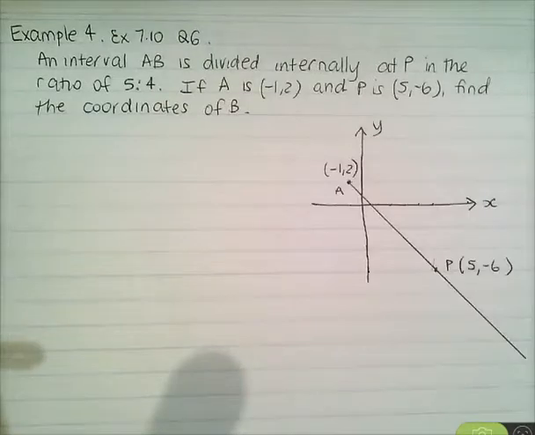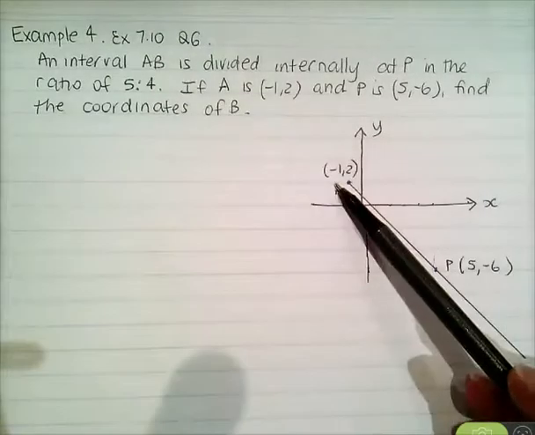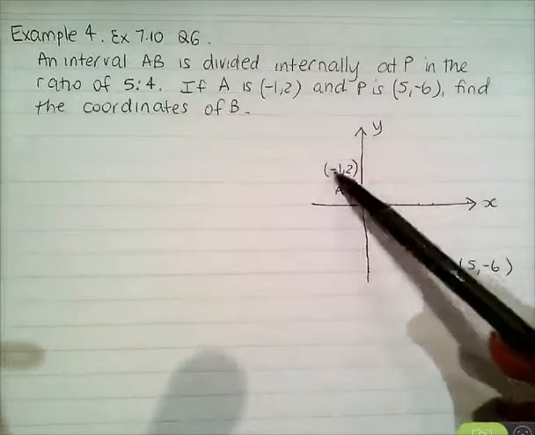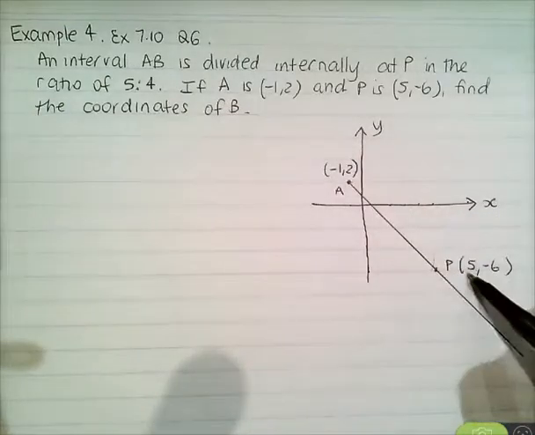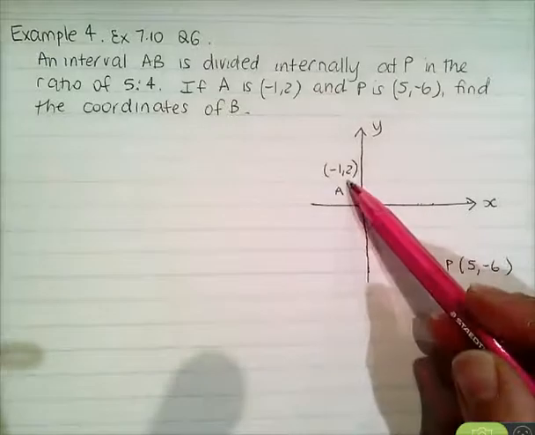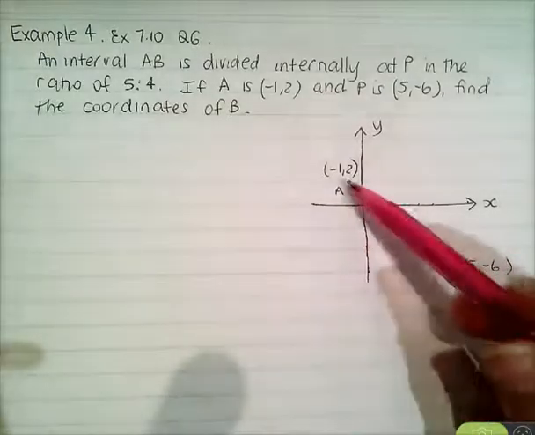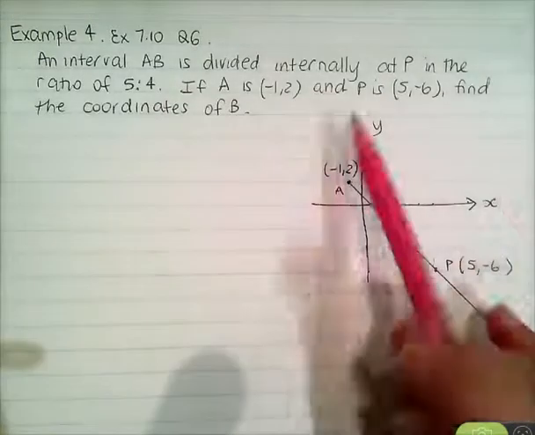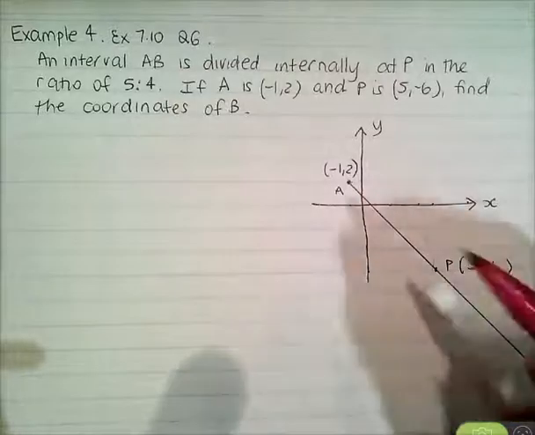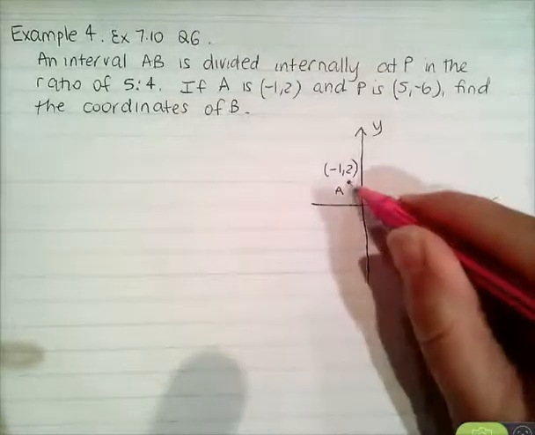So I've done a quick sketch here, and here's point A, and we don't know what point B is. A is (-1, 2), point P is (5, -6), and B will be down here because AB is divided internally at P, so P has to lie between A and B, in the ratio of 5 to 4.